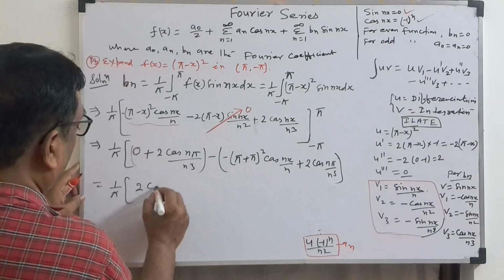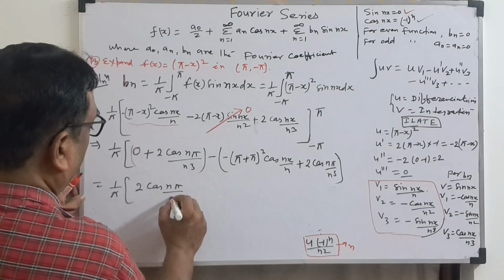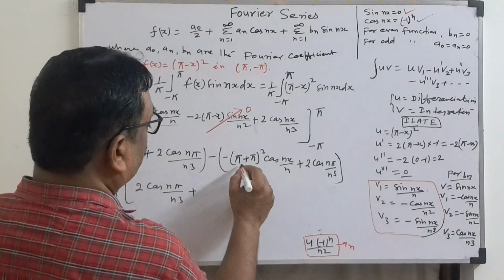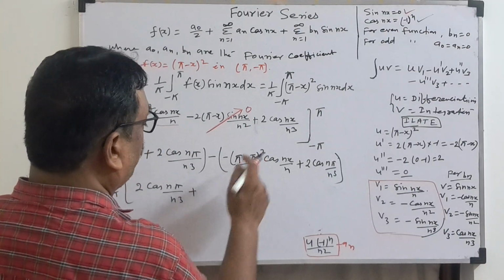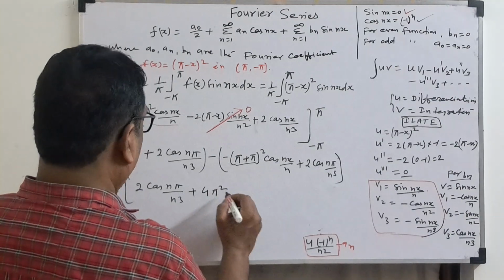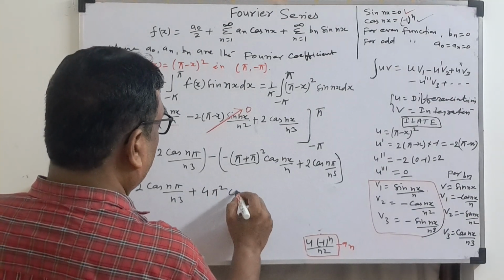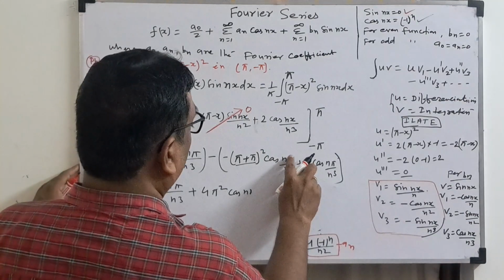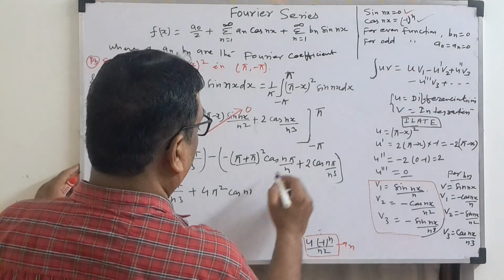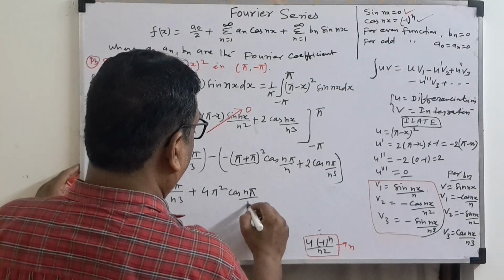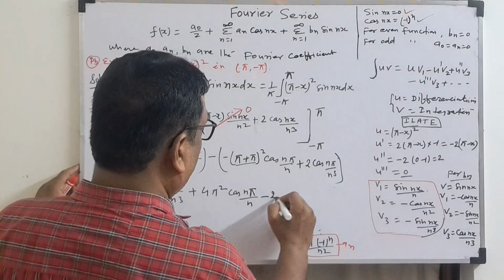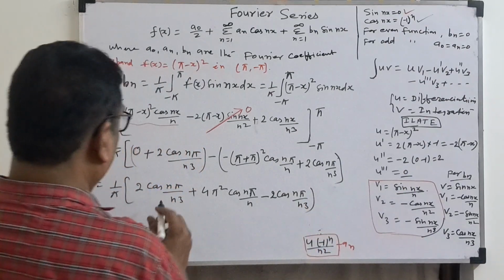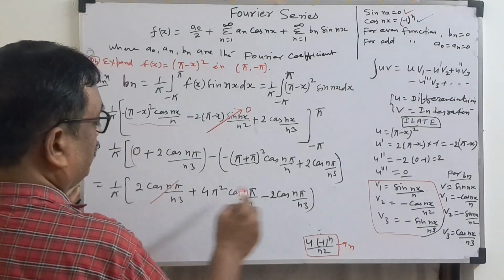So here 2 cos n pi by n cube, plus 2 in power 4 pi square cos n pi, this is what we substitute value, n pi by n. This will come minus 2 cos n pi by n cube. So I think this and this will get cancelled.